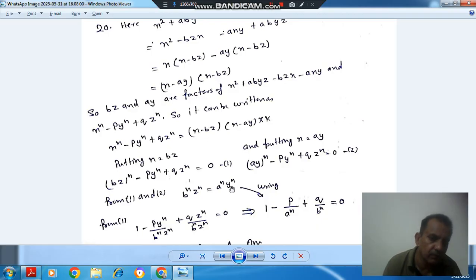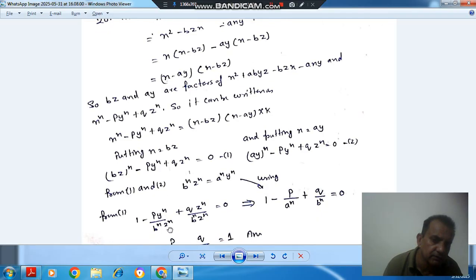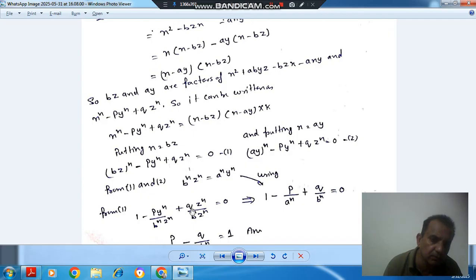So that means b^n z^n is equal to a^n y^n. Now we again take equation 2 and divide the whole equation by (bz)^n. So this will be 1, then p y^n divided by b^n z^n, and q z^n divided by b^n z^n, equal to 0.